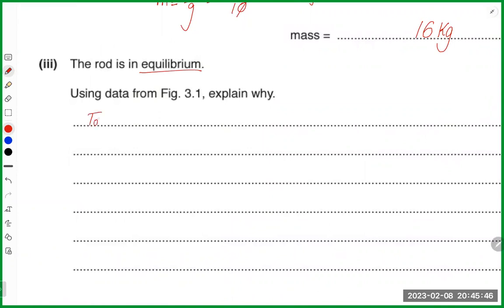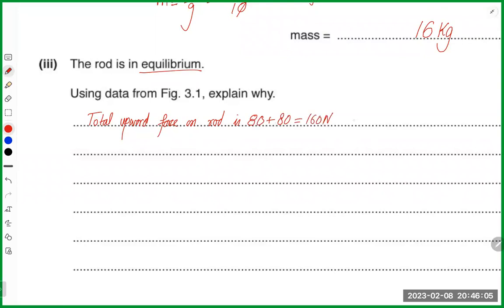Total upward force on rod is 80 plus 80 equals 160 Newton.